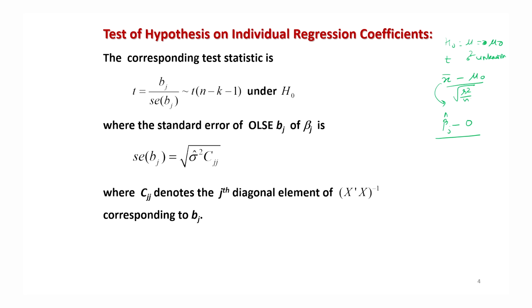If you remember, that was the standard error of x bar. So now I can replace it by the standard error of beta j hat. This will also be a t statistic, and that will follow a t distribution with certain degrees of freedom. So, how to obtain it?